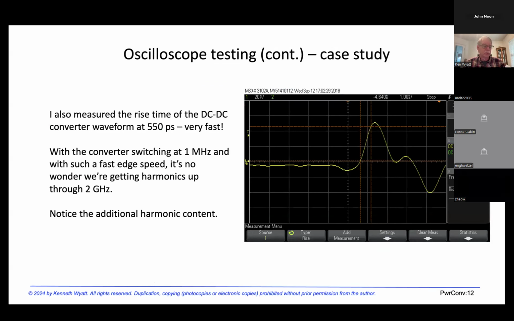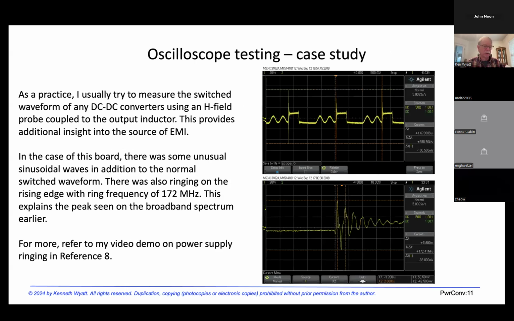And I can measure that with a simple probe. I don't know if you can see this in my picture, but I use a small loop probe, and I can probe different points on the circuit boards and help identify the noisiest parts.